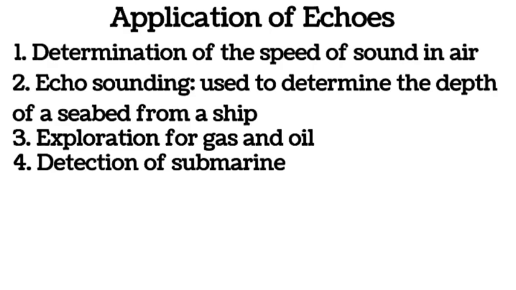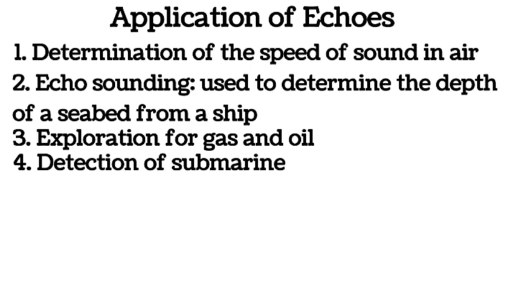Then for number 3, we say exploration for gas and oil. And lastly, detection of submarine. Echo is used to detect the presence of submarine. So don't just be limited to these 4 applications given. You can do more research to know further real-life applications of echoes.